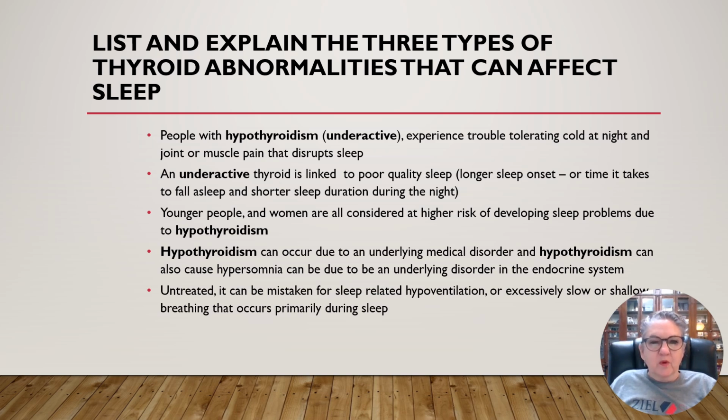Younger people and women are considered at higher risk of developing sleep problems due to hypothyroidism. Hypothyroidism can occur with an underlying medical disorder, and it can also cause hypersomnia, which can be due to an underlying disorder in the endocrine system. Untreated, it can be mistaken for sleep-related hypoventilation, or excessively slow or shallow breathing that occurs primarily during sleep.